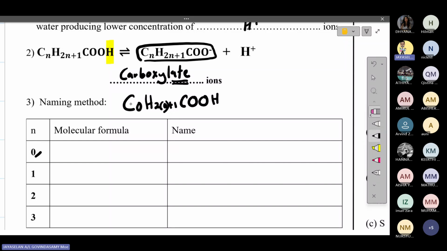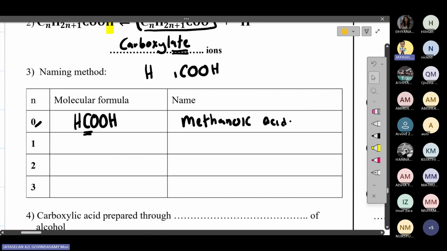Ini sudah tak ada, bila tak ada, kita ada satu H sahaja. So, HCOOH. What is the name of this acid? Ada satu carbon, right? We call methanoic acid.